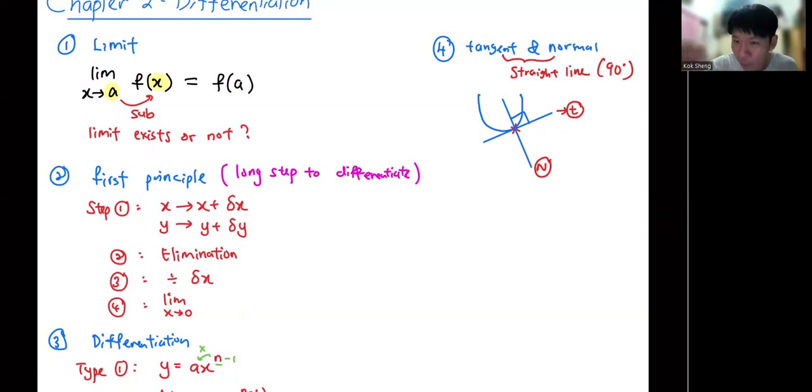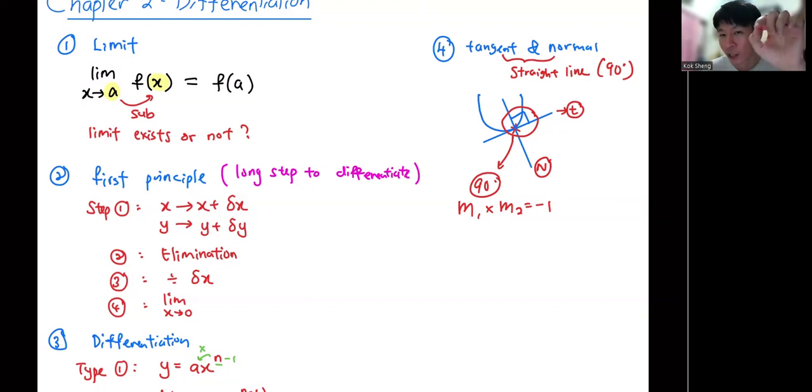From here, the only thing you have to be careful about is the gradient. The rest is the same thing. For the perpendicular, the 90 degrees here, you should have a formula which is m1 times m2 equals -1, which means both gradients multiplied together equal -1.